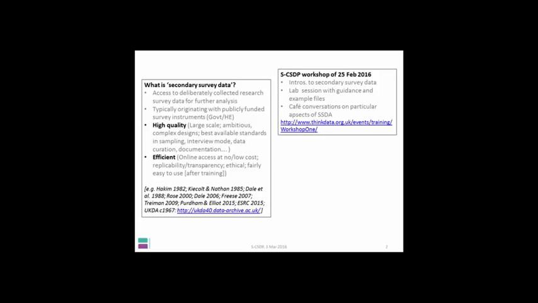By secondary survey data, and really I'm talking about secondary social survey data resources, we're talking about deliberately collected research data that's then made available for other people to pick up the data files and do some analysis on.